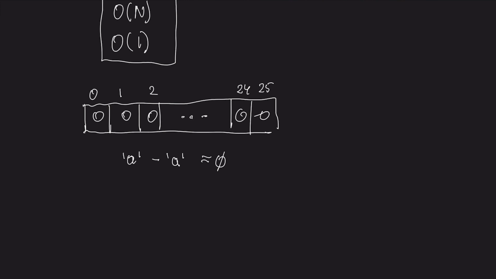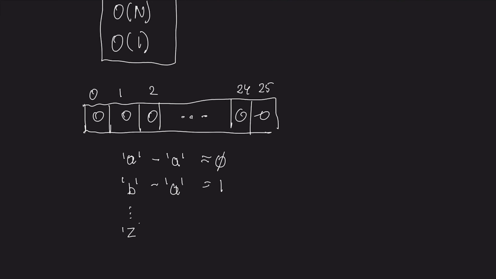That means that we can use the array position at index 0 to count the occurrences of letter A. And for letter B, we would again subtract A and get 1. So the number of occurrences of letter B would be counted at index 1 in that array. And so on.